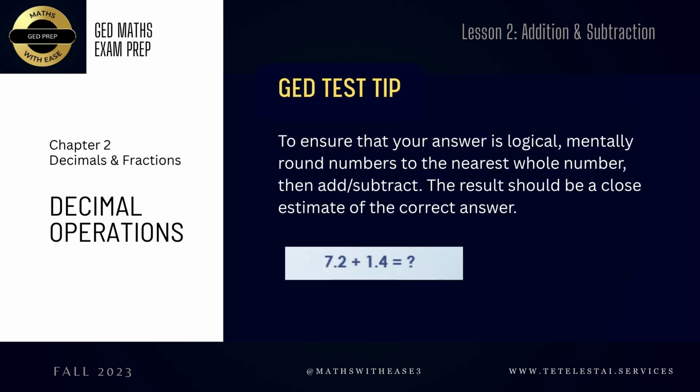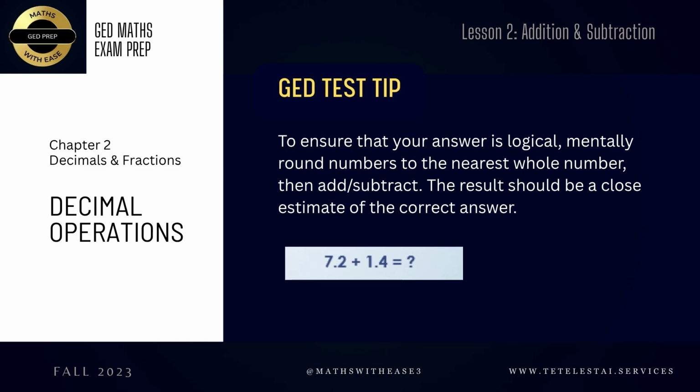Here's another test tip from your book. Always make sure that your answer makes sense, right? So for example, if you're asked to add 7.2 plus 1.4, your final answer shouldn't be something like 59.385, okay?